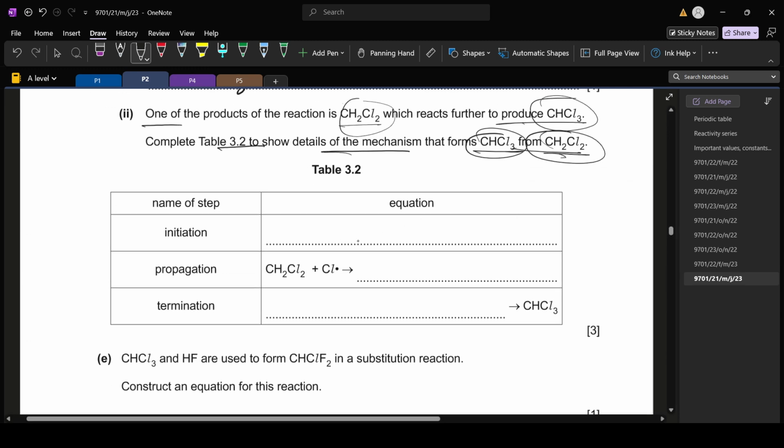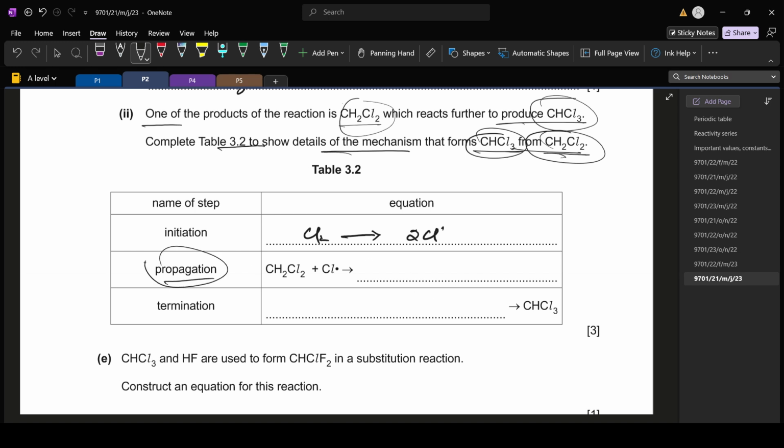So the initiation step is the formation of chlorine free radicals. These are the chlorine radicals, and this is the initiation reaction.